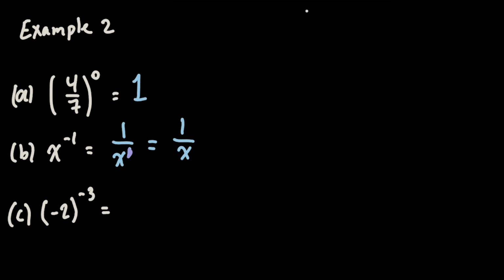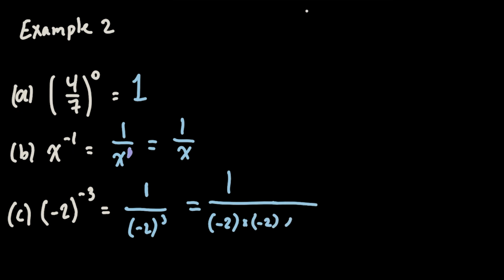Part C says minus 2 all to the power minus 3. Let's see. So we have here 1 over minus 2 to the power 3. And that would equal 1 over minus 2 multiplied by minus 2 multiplied by minus 2, because we have power 3. So here we will have minus multiplied by minus is a positive, and then multiplied by a minus, that would be negative.